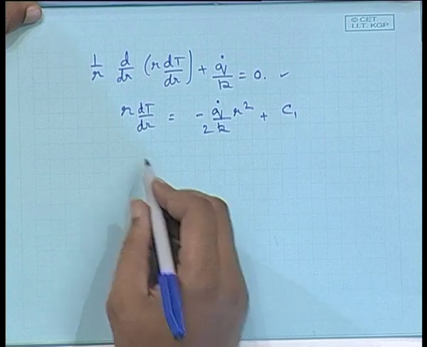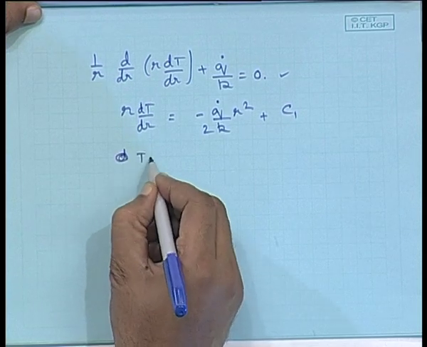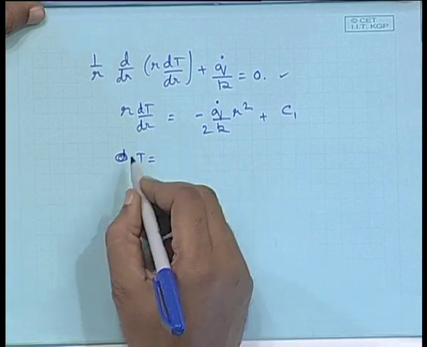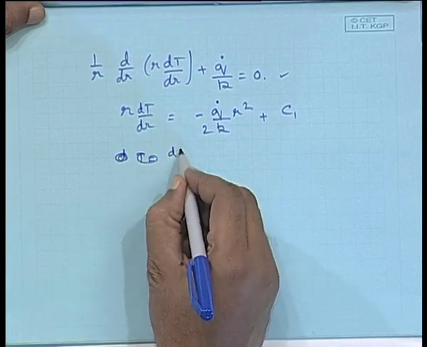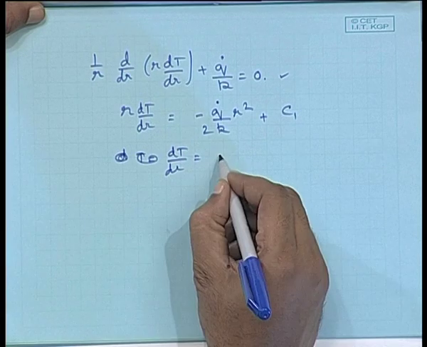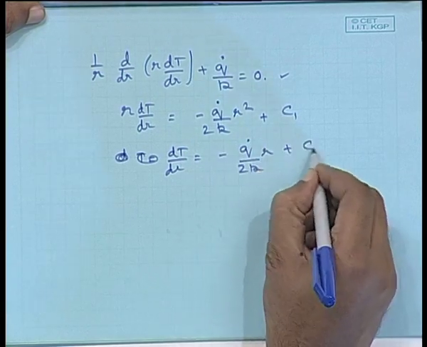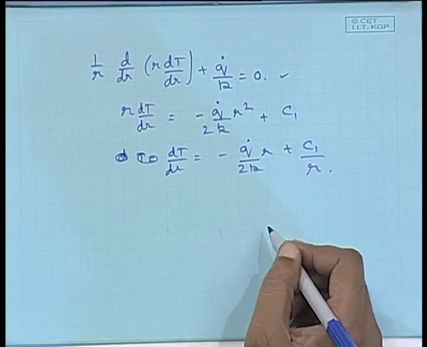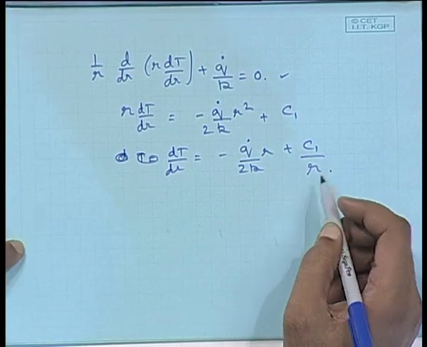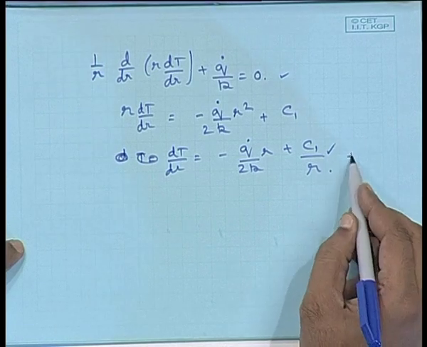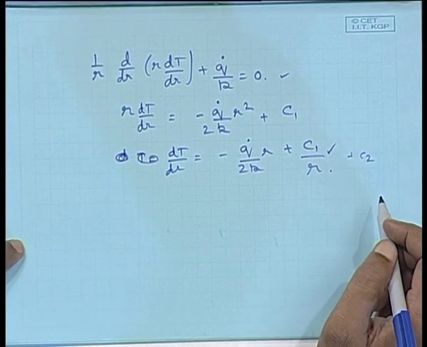All right. So, T would simply be equal to... so one can see that if you integrate it one more time, you are going to get a logarithmic term over here plus another C2 term. So, two constants.